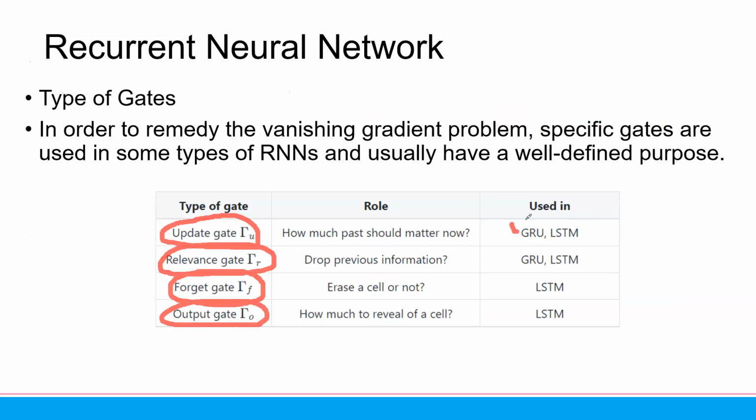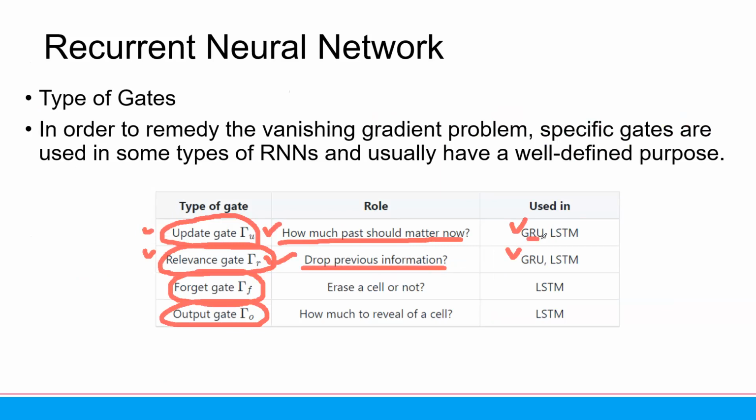The GRU and LSTM have the update gate and the relevance gate. It means that whenever they have a hidden layer, they take the relevant information and then update it. The rule is how much of the past should matter now, and whether I should drop the previous information.